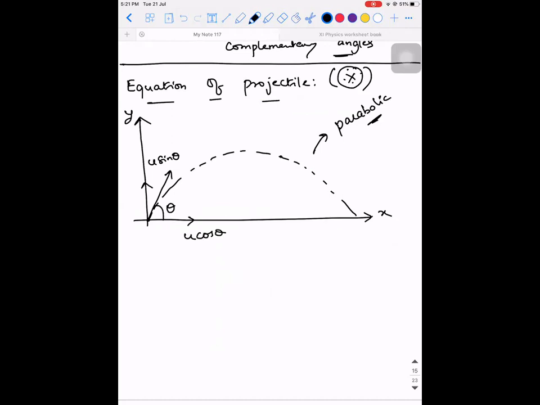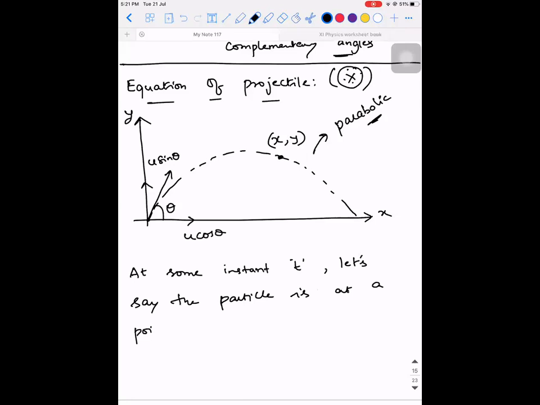Let us say at some instant t, the particle is at a point P with coordinates x comma y. Right?